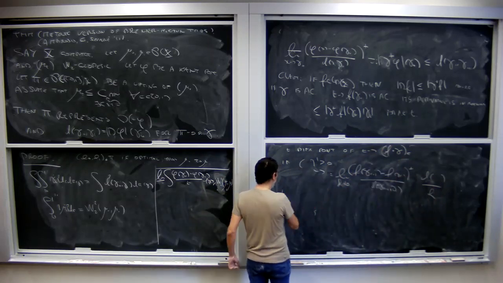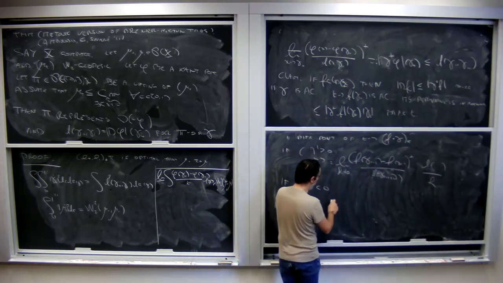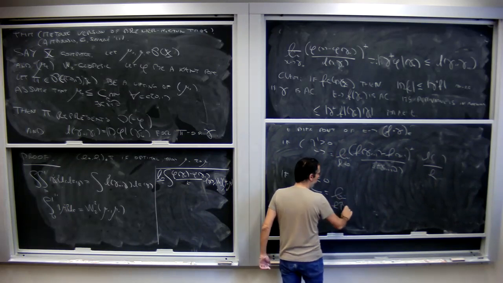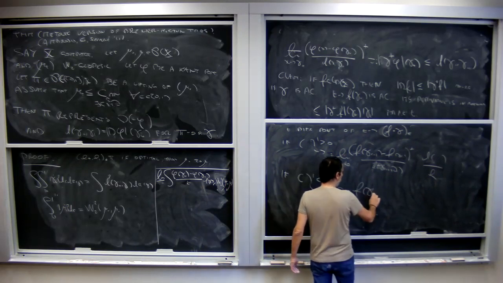What if the derivative is negative? Well, if the derivative is negative, you do the same, except that you write that this derivative is equal to the limit when h goes to 0 from below of the same expression.